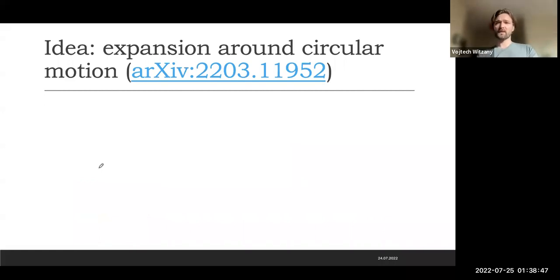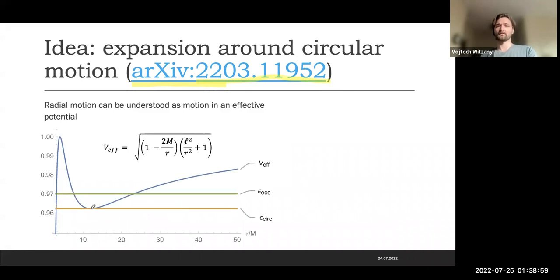So in order to do that, I have implemented this idea of essentially an eccentricity expansion in this paper, which is currently on arXiv. And the general idea is that you have motion of circular orbits, you have some sort of effective potential, you have the centrifugal barrier and so on. And the generic eccentric motion actually can be seen as motion in this effective potential.